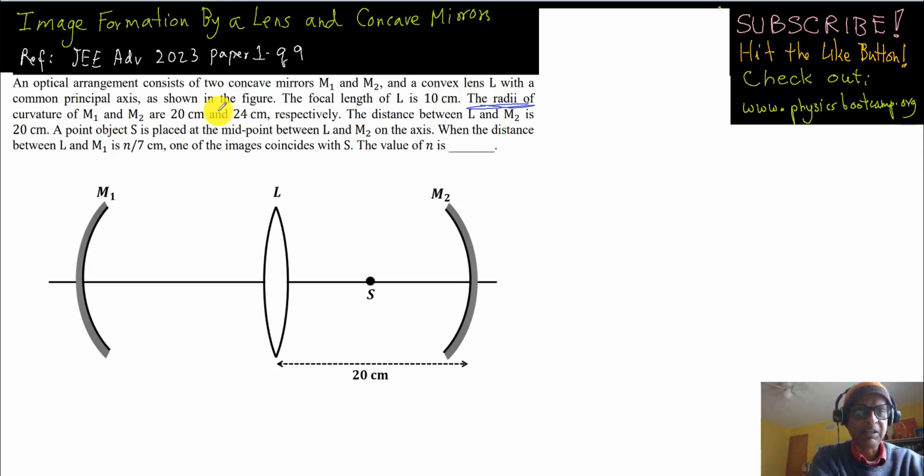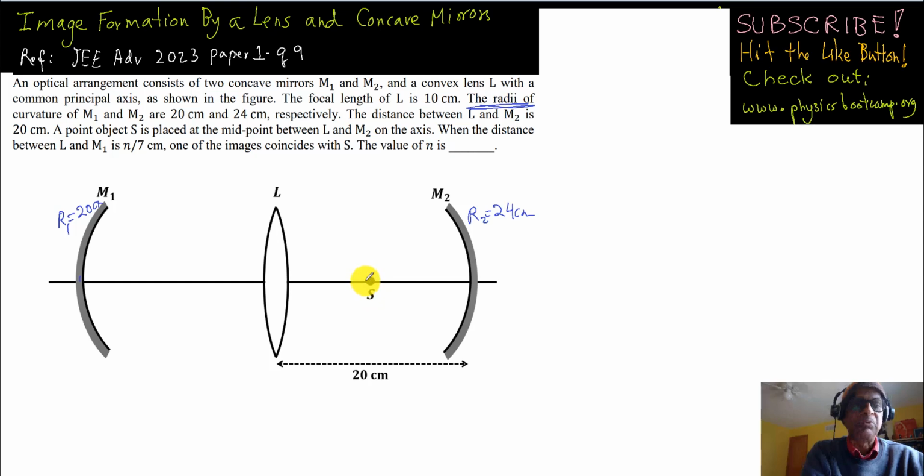Not both 20 centimeters. The radius of curvature for M1 is R1 equal to 20 centimeters, and R2 is equal to 24 centimeters.